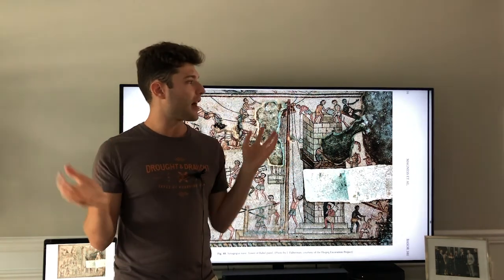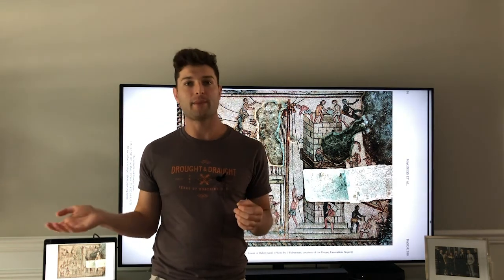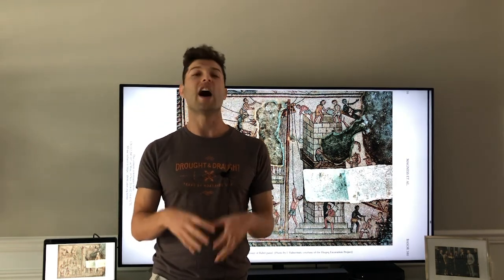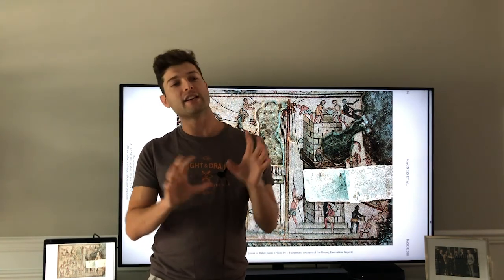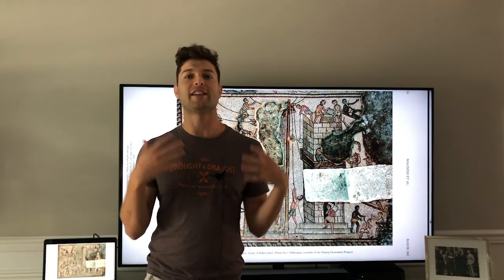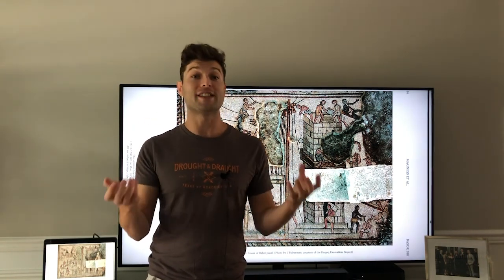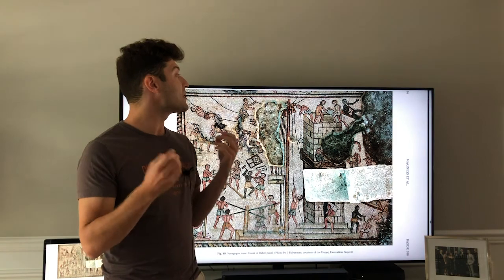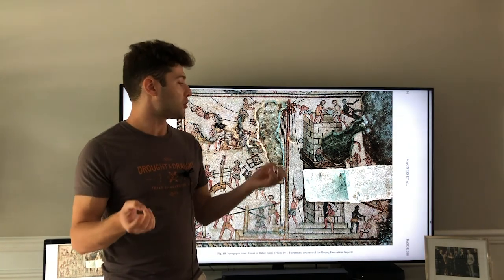We need to think of them in what an academic named Hindy Najman would refer to as a constellation of ideas. So these are all different ideas and stories that are floating around and being adopted and rewritten and incorporated into different representations of the same single traditional Jewish story.